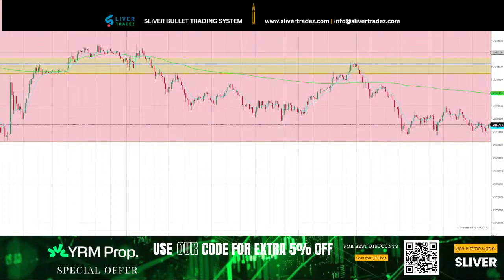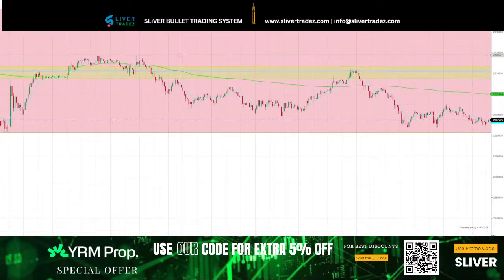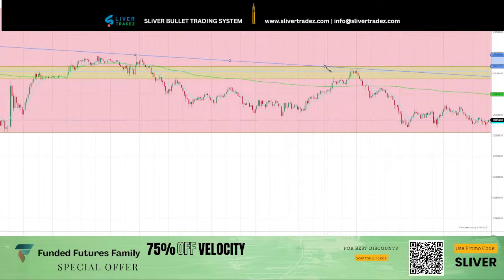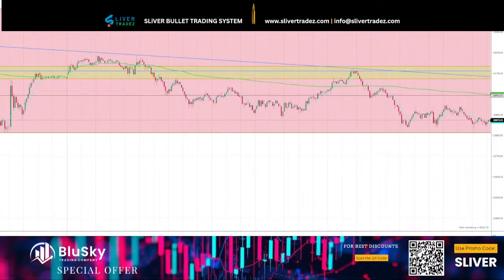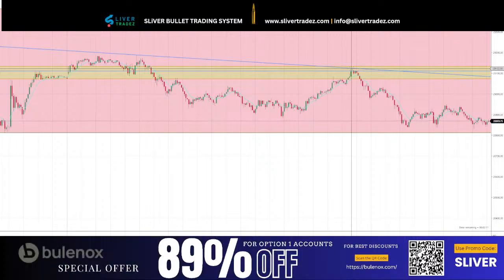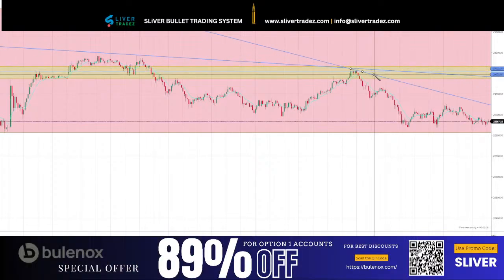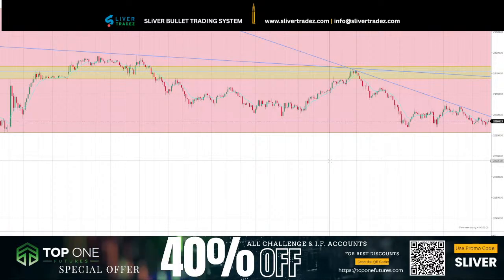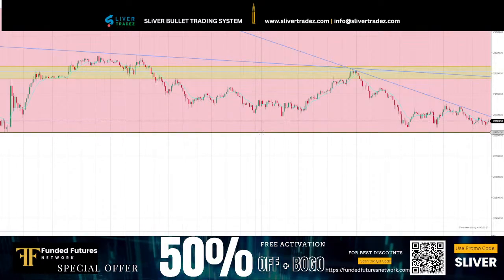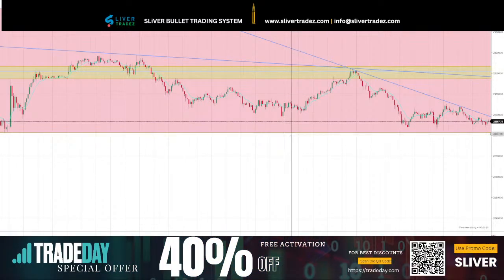Now let me draw some trend lines. And this would be a trend line here. Market is below VWAP, and I can draw one trend line here. And we have this wedge support line at yesterday's low.